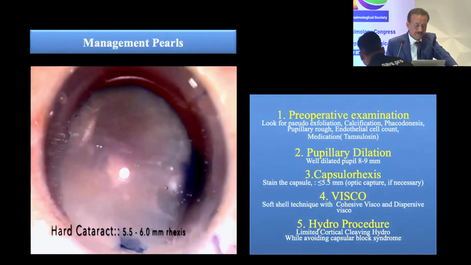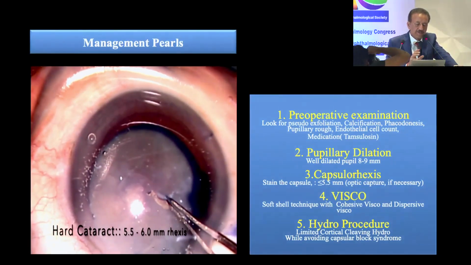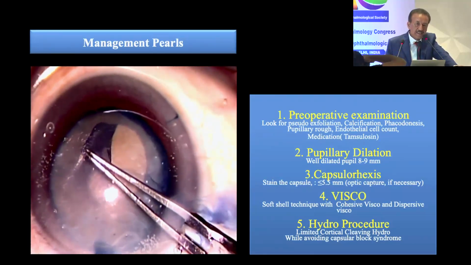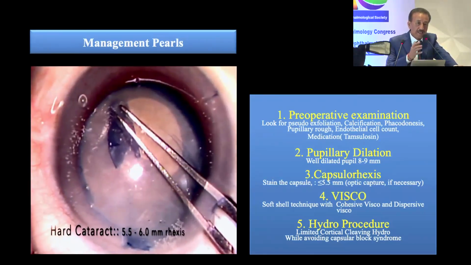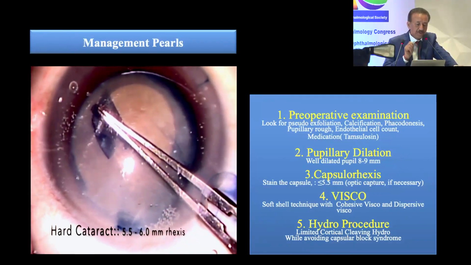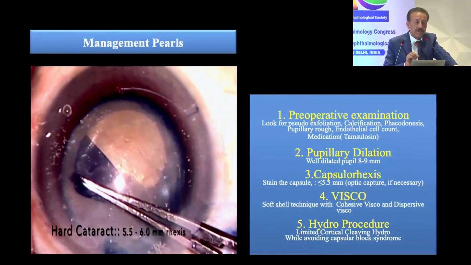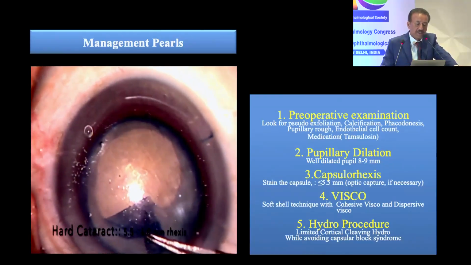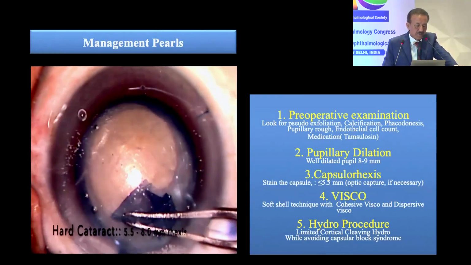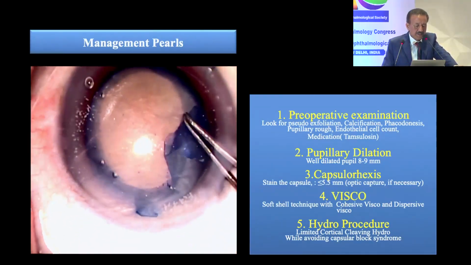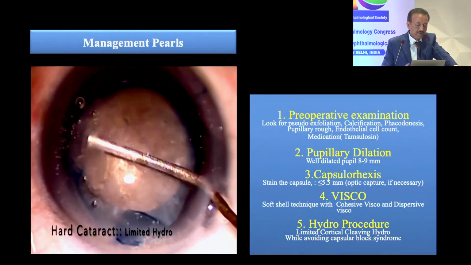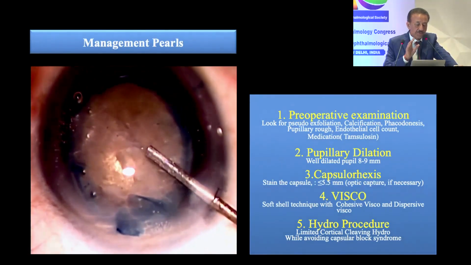You have to have a very large dilated pupil, and during the surgery you must stain the capsule so that you get a large capsulorhexis, always aiming for a capsulorhexis of at least 5.5 to 6 millimeters in these cases, not less than that, if you have to manipulate these hard nuclei. So what I'm trying to do here is get a 6 millimeter capsulorhexis, and your hydro procedures should be very limited.